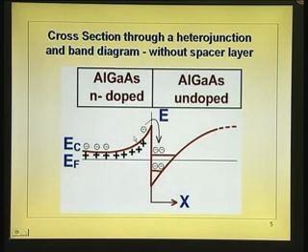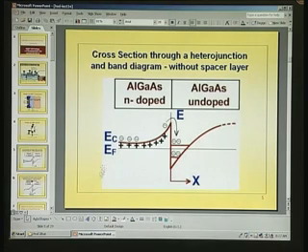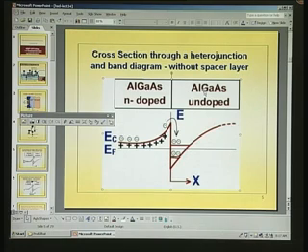Now, this is when you draw the cross section through the heterojunction and band diagram. If the spacer layer is not present, you have aluminum gallium arsenide, and then you have the undoped gallium arsenide.